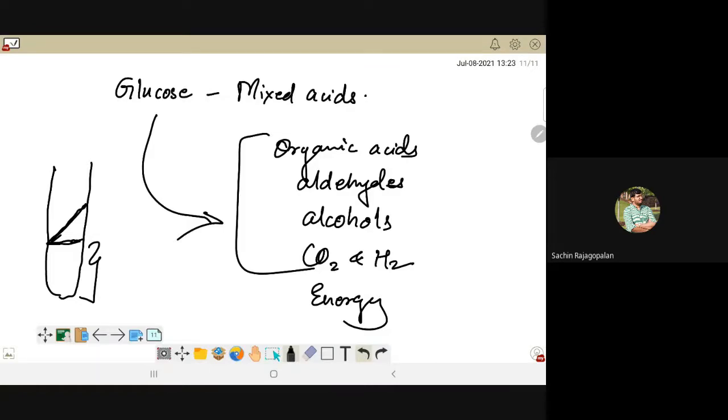Normal slants में जो base होता है जिसको हम butt बोलते हैं, that is normally smaller in size, but in TSI you will see that the butt is comparatively bigger as compared to your normal slants, and you also have the slant over it. So you have a butt region and you have a slant region.